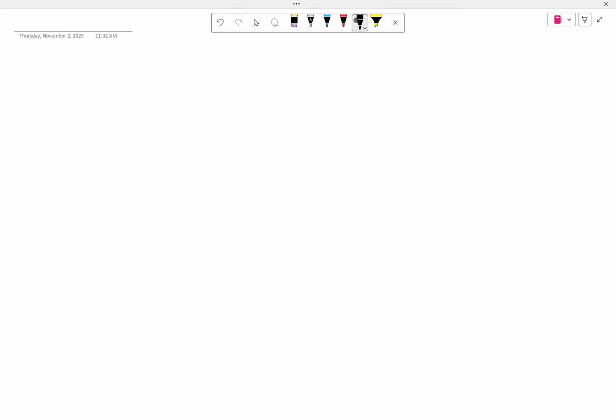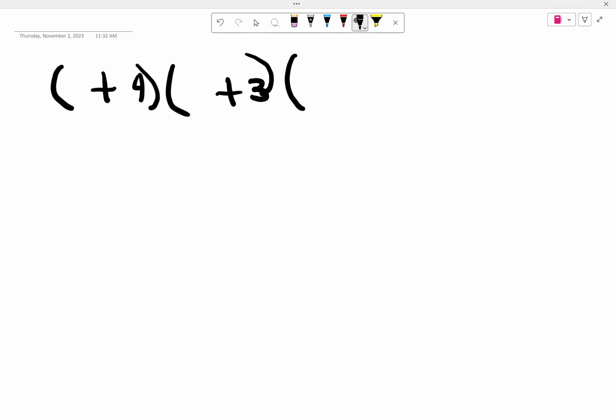I'm going to rewrite this. This is x plus 4, and this is some x plus 3. And over here I have another value, which is some x minus 7. And this is greater than 0.